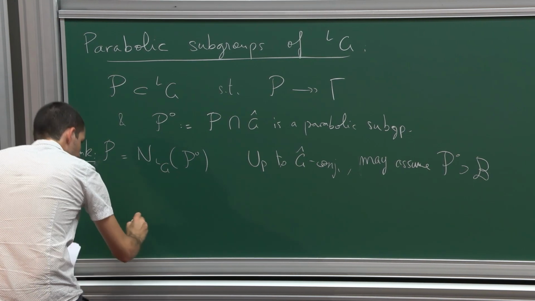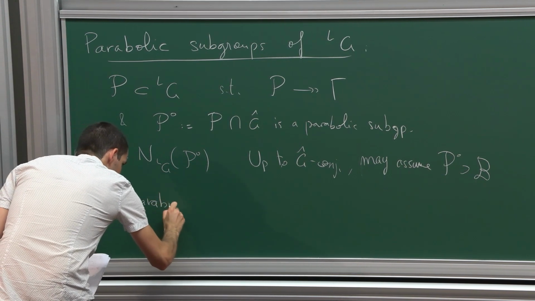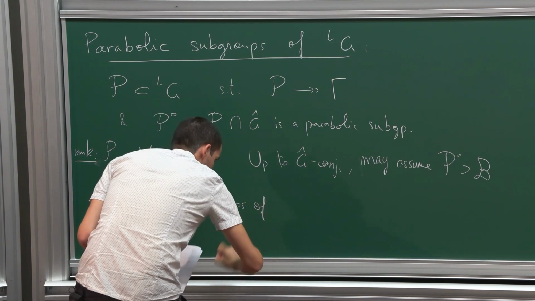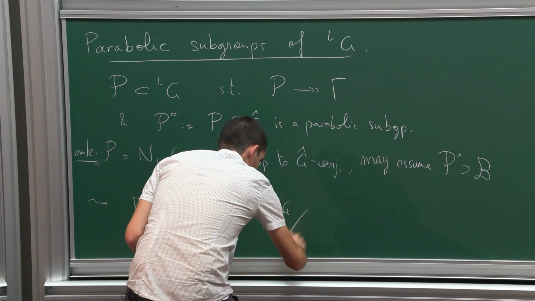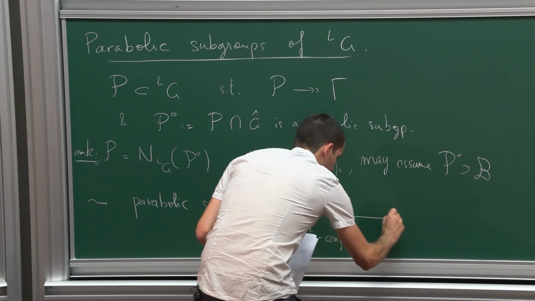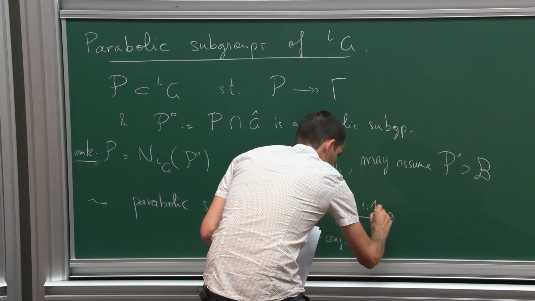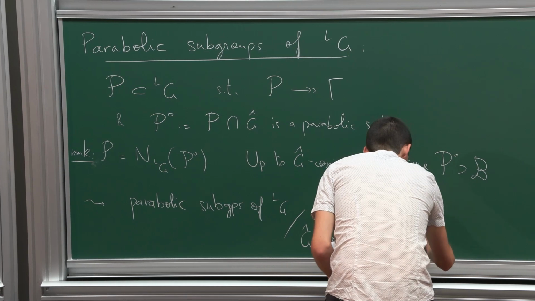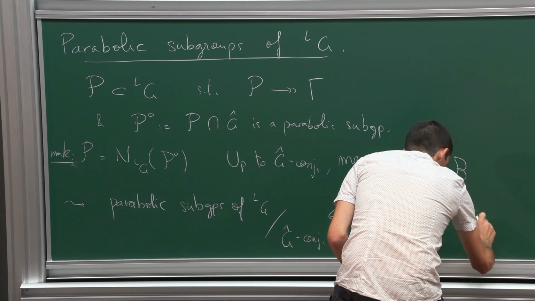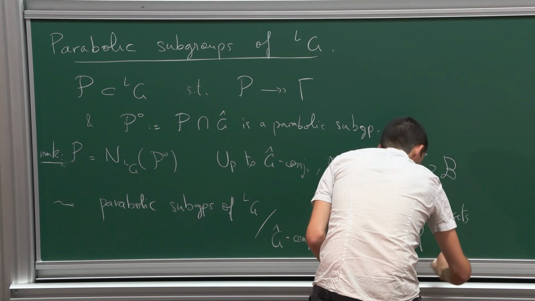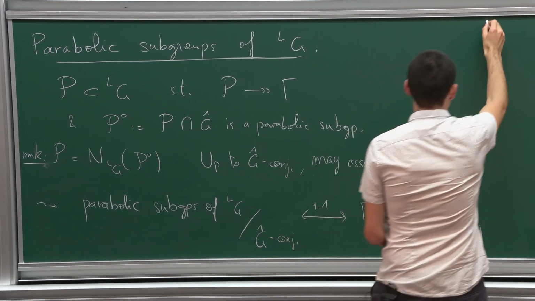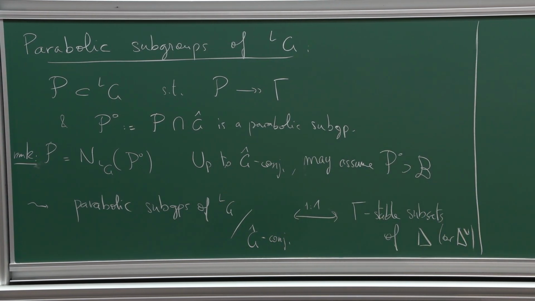And so parabolic subgroups of LG up to G hat conjugation correspond projectively to gamma stable subsets of delta or delta V. They're in bijection anyway.